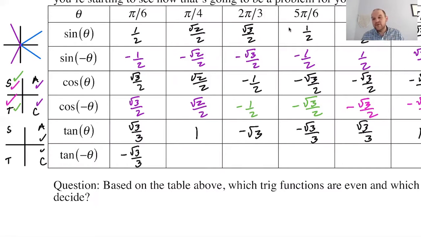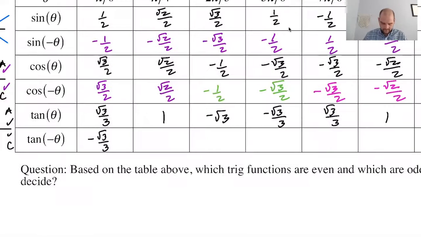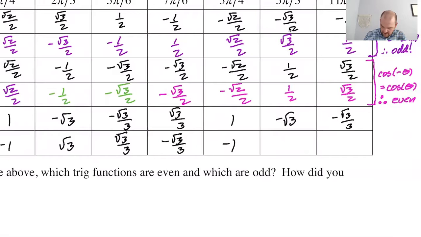And at that point, you know enough, right? Because I told you that it's either even or odd. As soon as you see that the tangent of negative theta is the negative of tangent of theta, you know what to do. So I'm actually just going to fill these all in, because it has to follow the pattern. It can't sometimes be sort of even and sometimes be sort of odd.